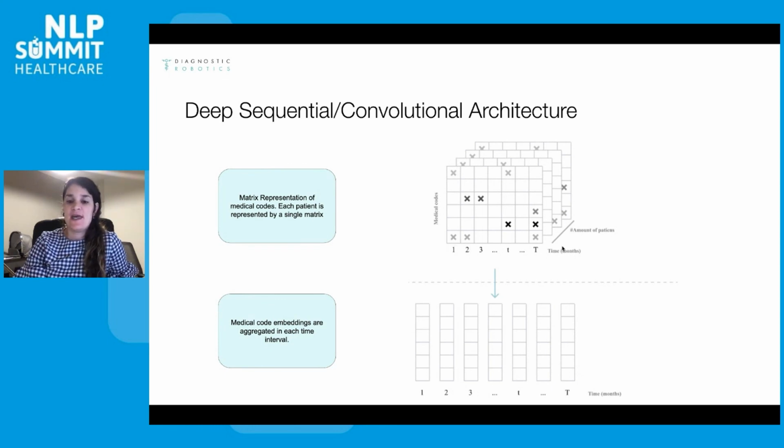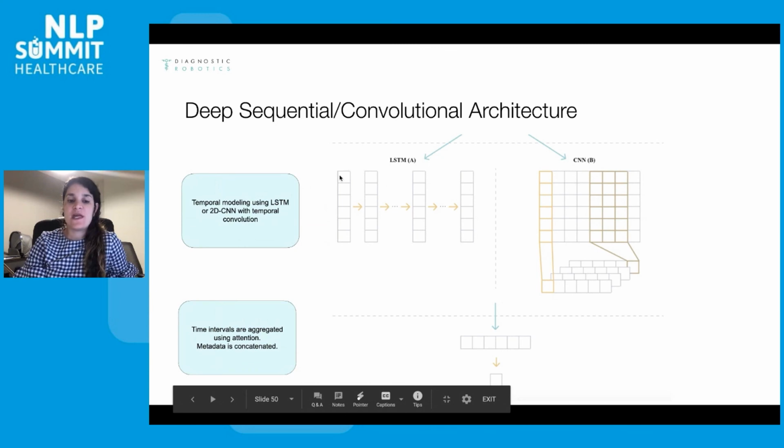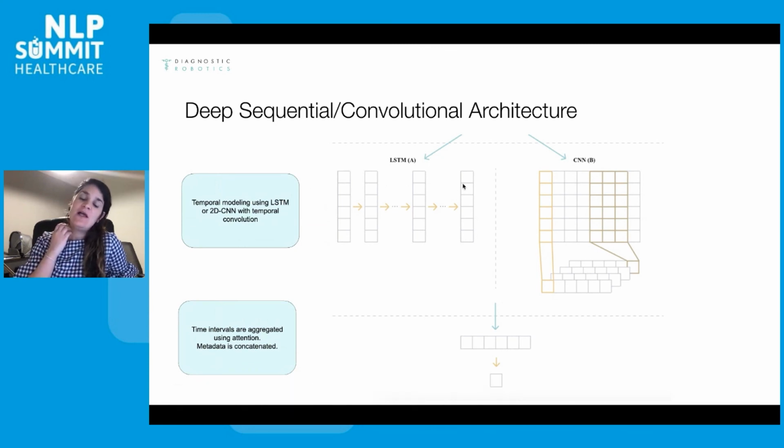You can see here this matrix is the different month buckets of the patient. Each month is associated with the codes within that month. So we use the code embeddings and get the aggregated embedding for each one of the months. And we can insert this embedding of the month into sequential or convolutional models, LSTM or CNN, and get the modeling of the temporality of this sequence.